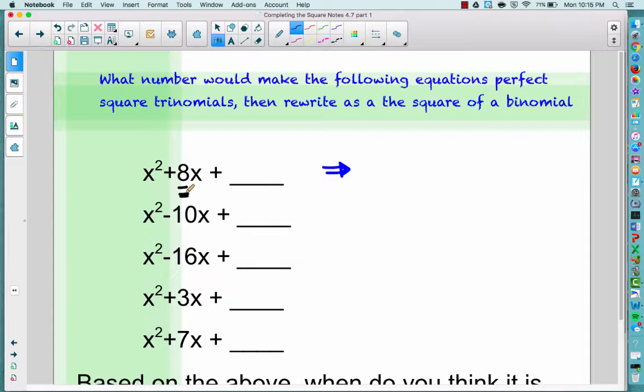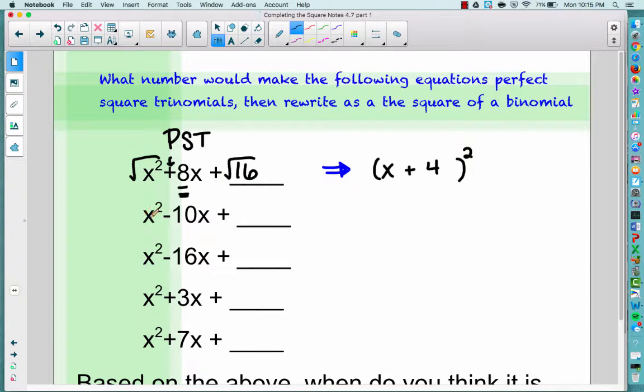Half of 8 is 4, and then I will square it. So 4 squared would give me 16. Now I have just created a PST, a perfect square trinomial. In factored form, as the square of a binomial, it will be the square root of the first term, the sign of the middle term, and the square root of the last term, quantity squared.